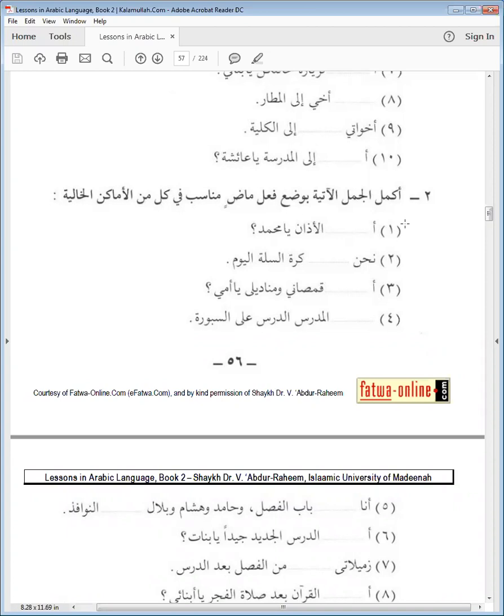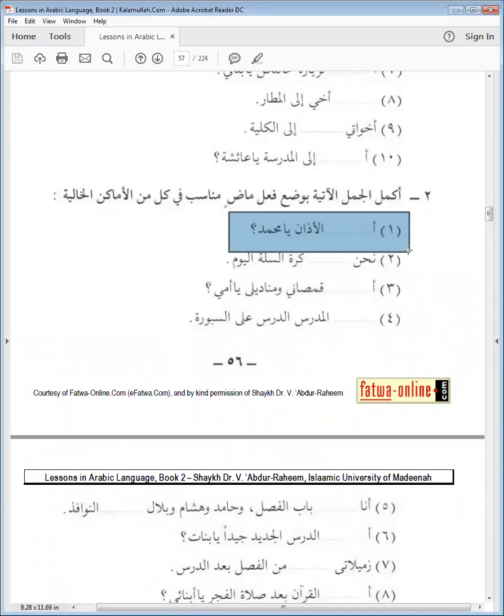All right, so let's look at the first one. We have some verbs in our repertoire that we can draw upon. First one, number 1: something al-adhan ya Muhammad. So we know it's a question.